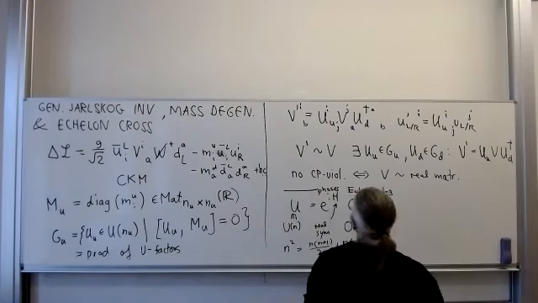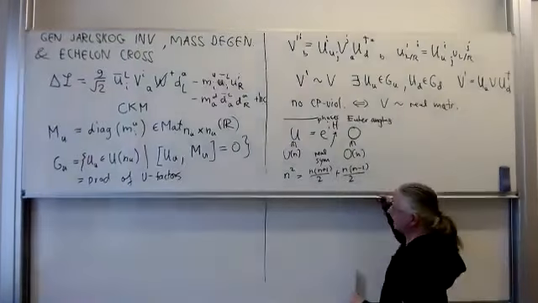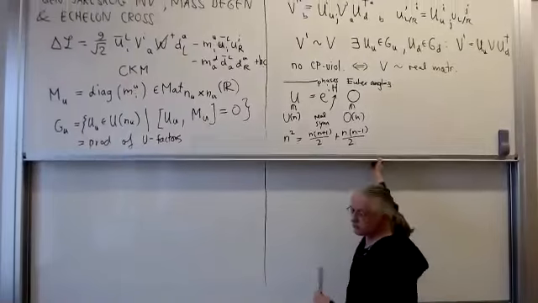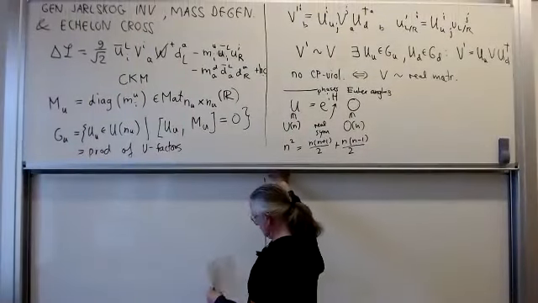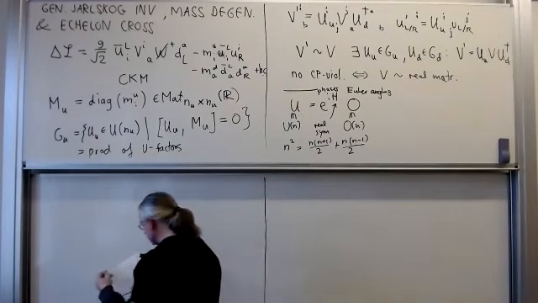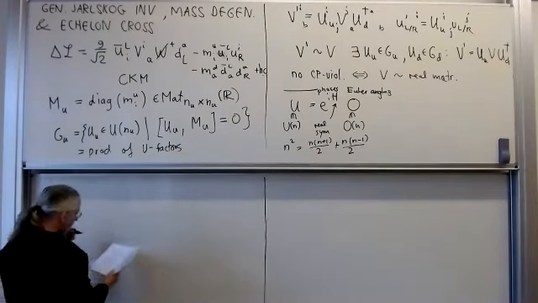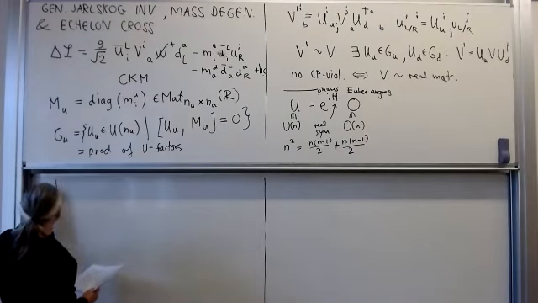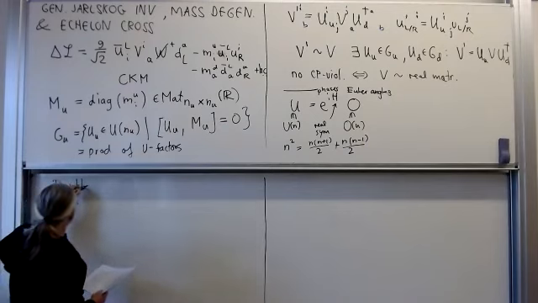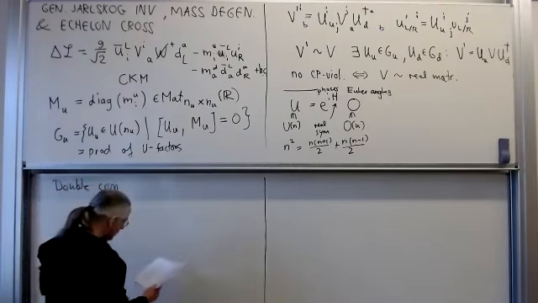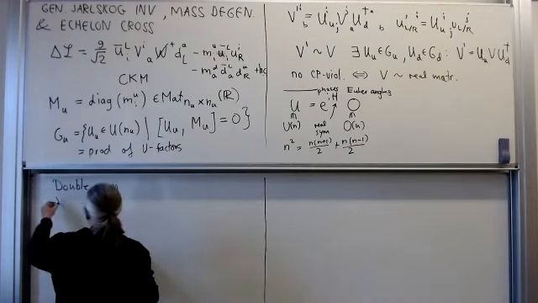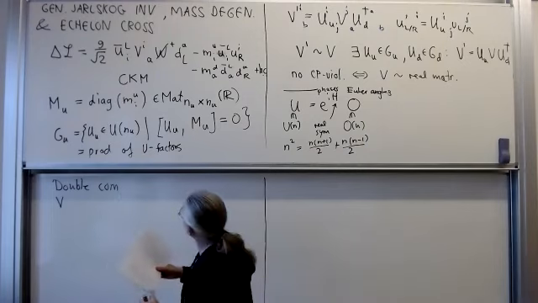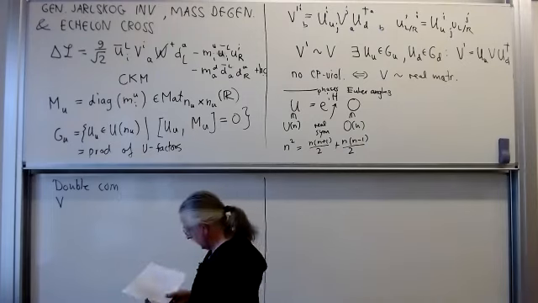So now the next point is that we want to introduce the double commutant. The double commutant is the vector space of matrices that commute with our reduced group.